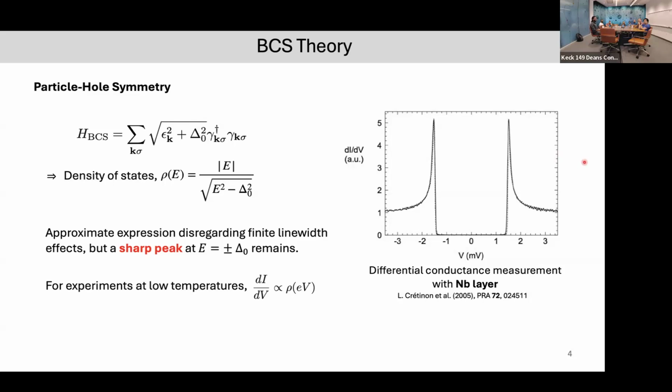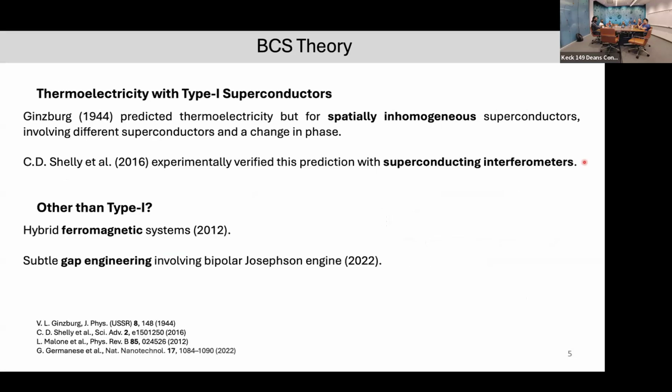So as I mentioned before, in order to break this, we need to study how the excitations behave near a vortex, which you can get by applying sufficient magnetic field. But before going into that, we can look at in what ways we can get thermoelectricity in BCS superconductors itself. So Ginzburg in 1944 predicted thermoelectricity, but he did so for spatially inhomogeneous superconductors.